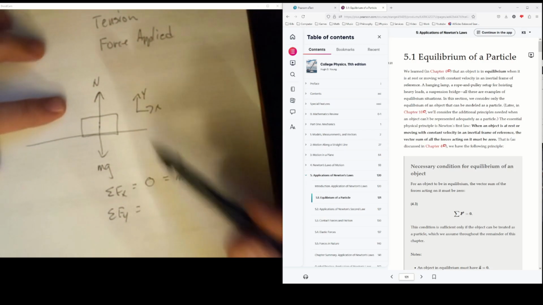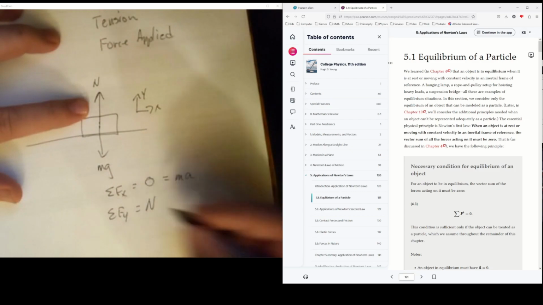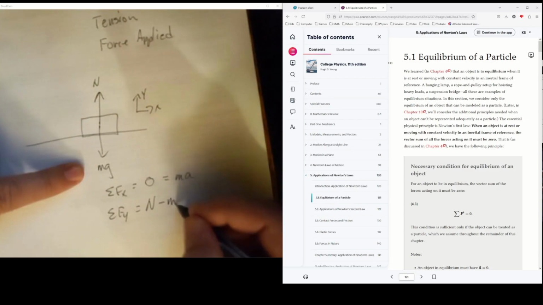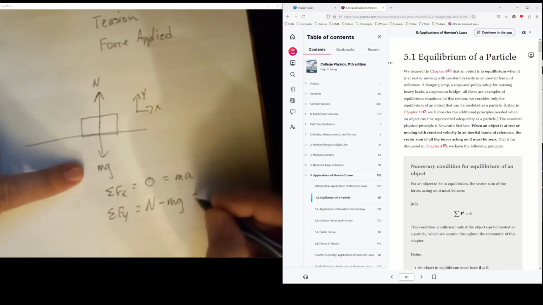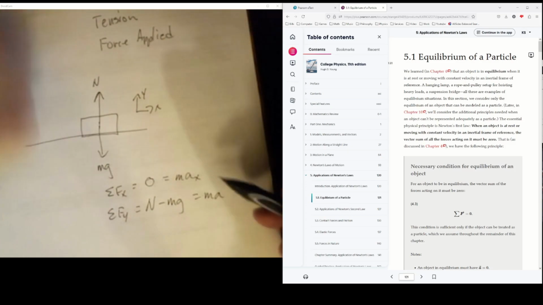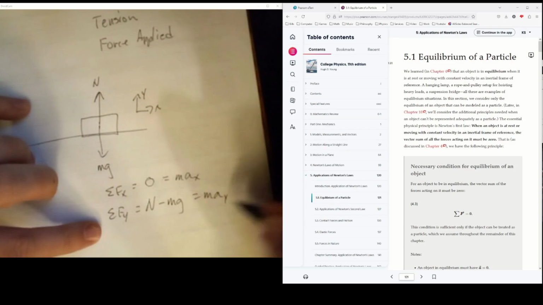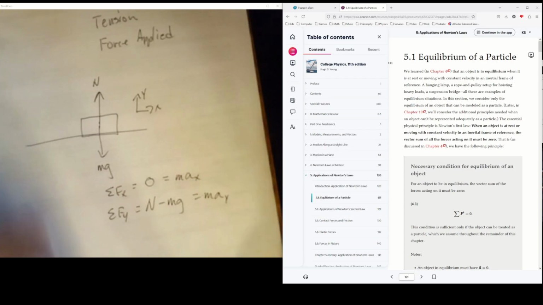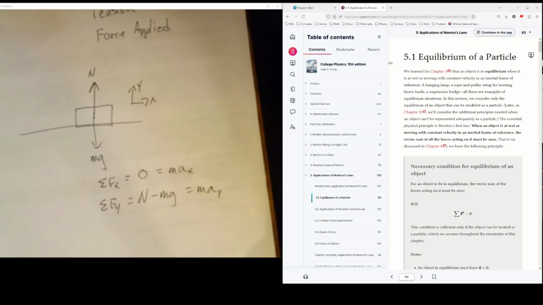If we look at y, we've got our normal force going up and the weight going down. And Newton says when you sum the forces, that equals ma. This is the acceleration in the x direction, and this is the acceleration in the y direction. Here's where you usually have to make an assumption, because a lot of problems won't state this.